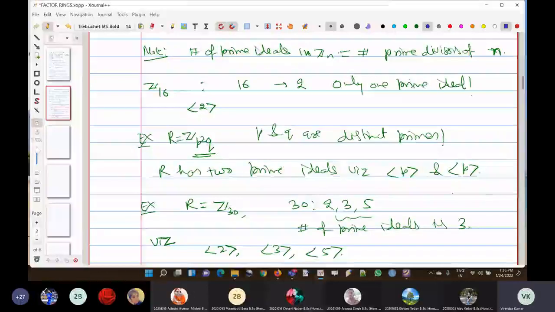So is a prime ideal in Zn a maximal ideal or what? You can answer this question in tomorrow's class, or if you have any answer today, you can tell me. Do you have any idea?